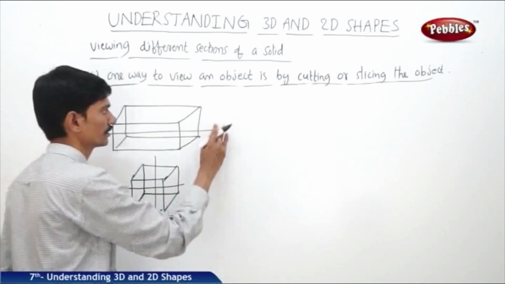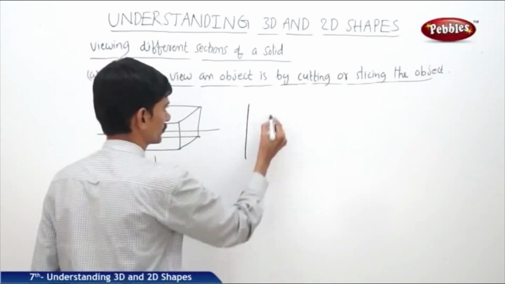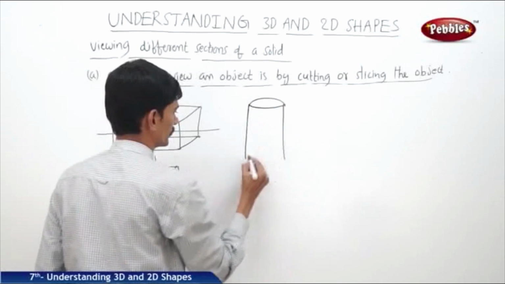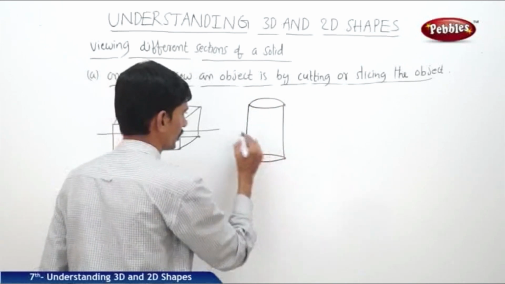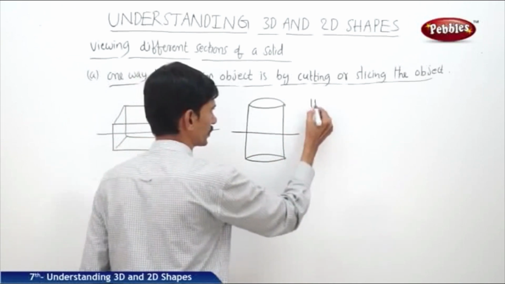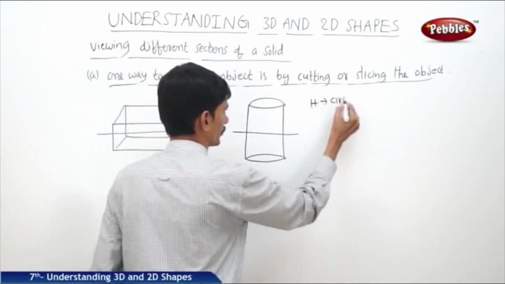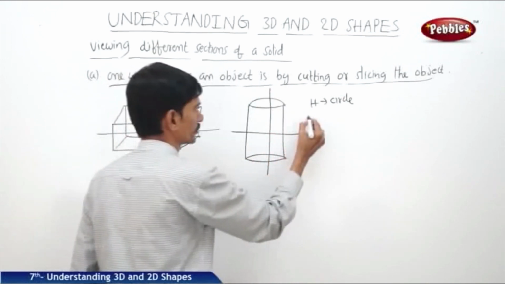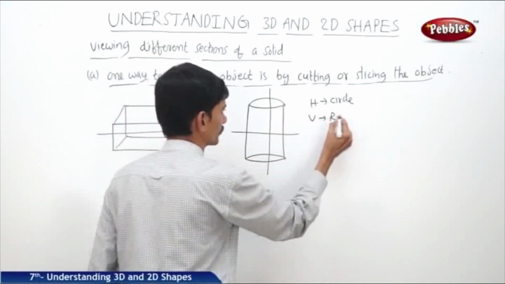And if you take any cylinder, the horizontal slicing will give you the shape of a circle, and the vertical slicing will be a rectangle.